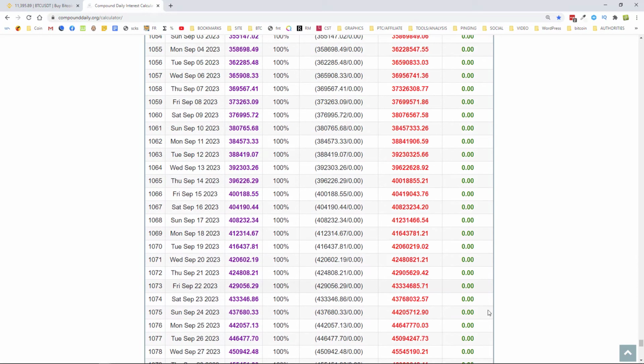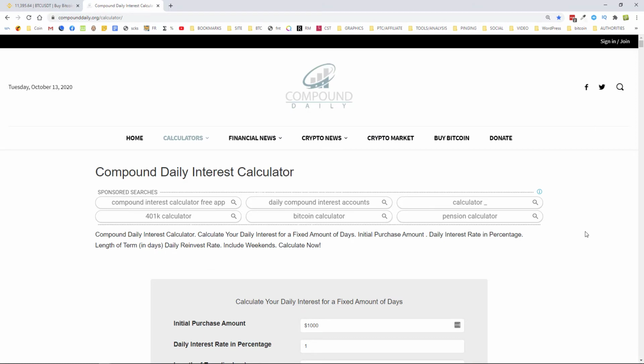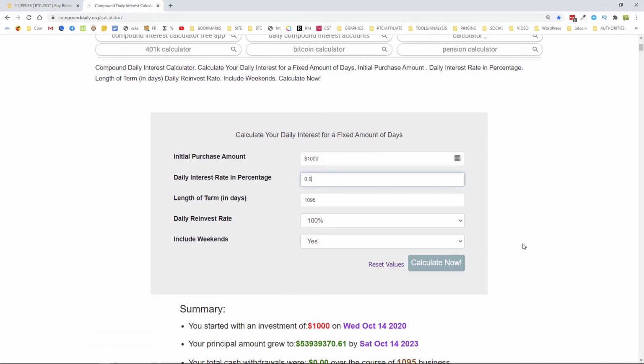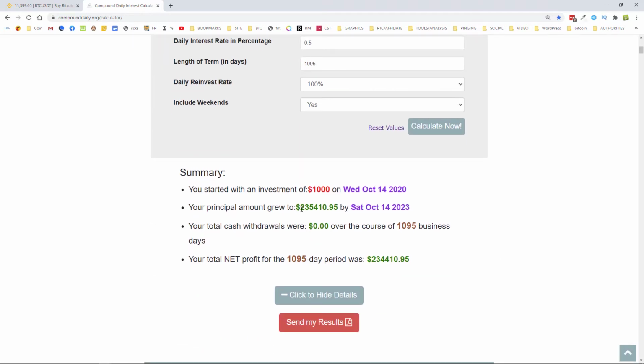But let's have a look. If we go back and we say that things haven't really gone as well as 1% per day, let's see what 0.5% profit per day would do for us in 3 years. Let's recalculate this, and there's the number.